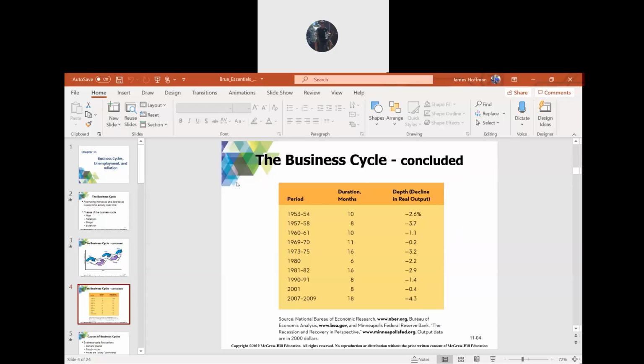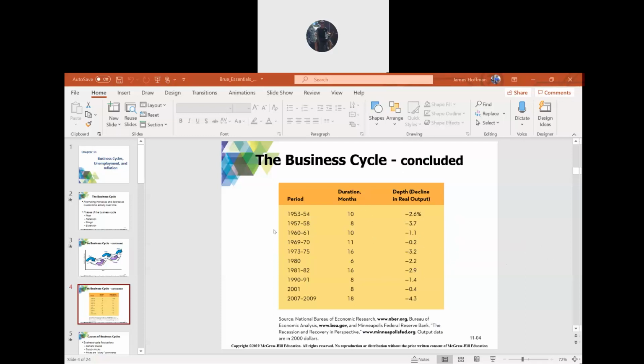Okay, and so the definition of an official recession is 6 consecutive months of decline in real output.